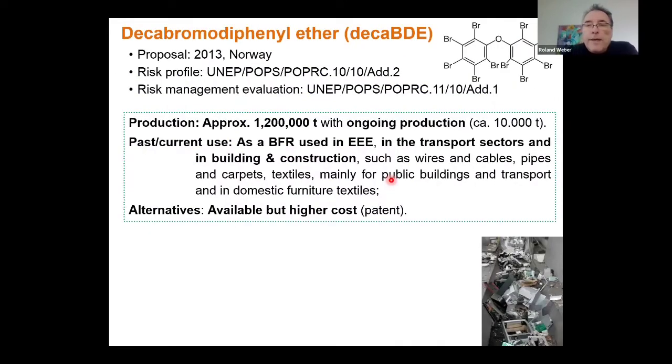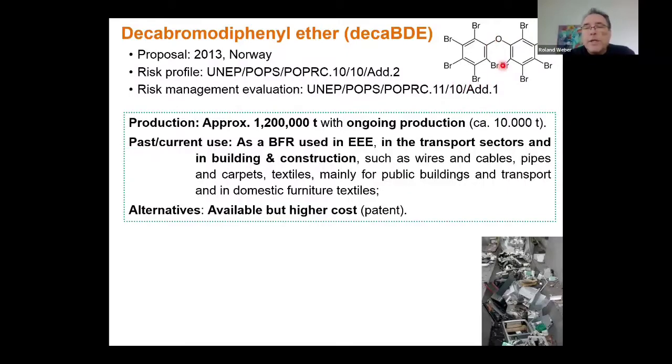Then there was a longer discussion over some years in the POPs Review Committee about the listing of decabromodiphenyl ether. There was a long discussion about the debromination of this higher brominated diphenyl ether, because partly it is debrominated to the lower brominated ones, and, like I showed, also the dioxin formation potential.